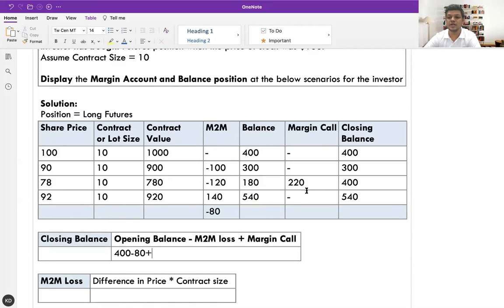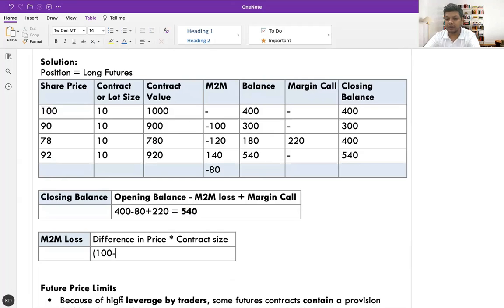And how much did you put in the call? 220. So that is your closing balance, 540. If you want to directly calculate your M2M loss, where did your price start from? 100. And it ended at 92. So the difference in the price is 100 minus 92, into the contract size of 10. That is your M2M loss. Clear?